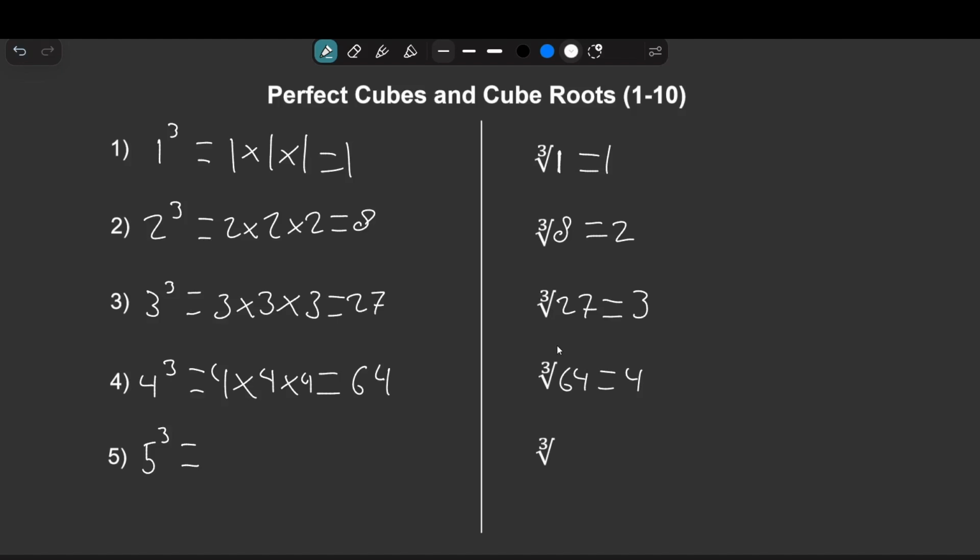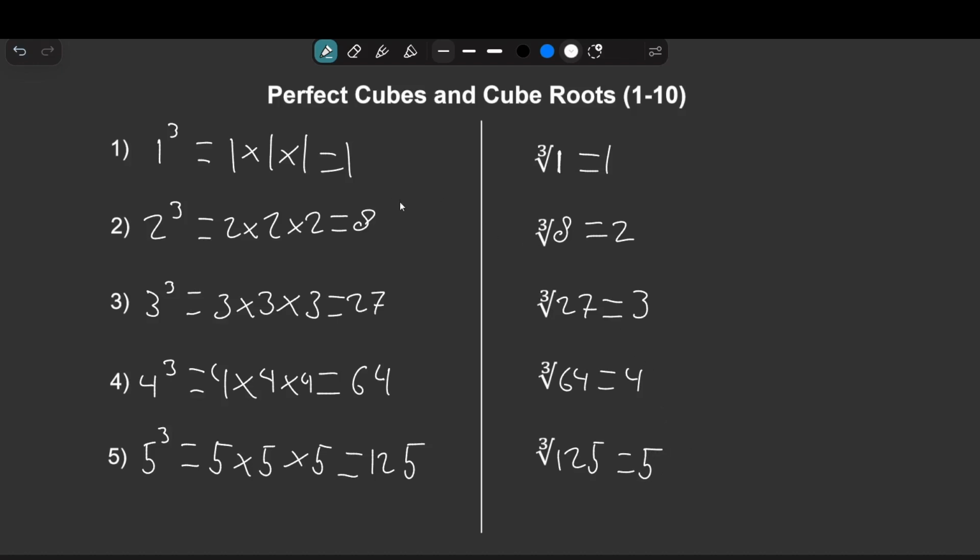Sorry, I had a little slip up there. So let's go on to the last one for the first 5, which is 5 cubed. Again, we go 5 times 5 times 5. That will equal 125. So now we immediately can know that the cube root of 125 will equal 5.